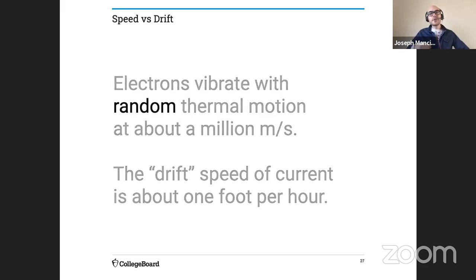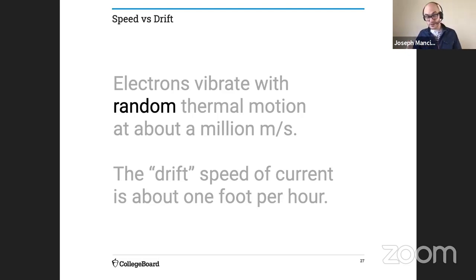That random thermal motion of electrons that we talked about when we talked about thermodynamics days ago adds up to 0 because it's random. For every particle moving left, there's one moving right. For every particle moving forward, there's one moving backwards. The thermal motion of electrons adds up to 0.